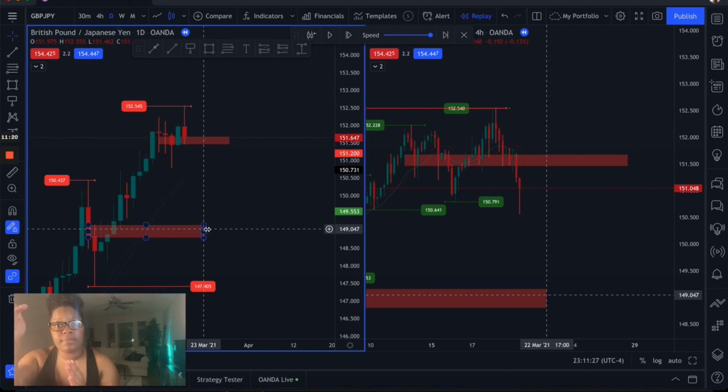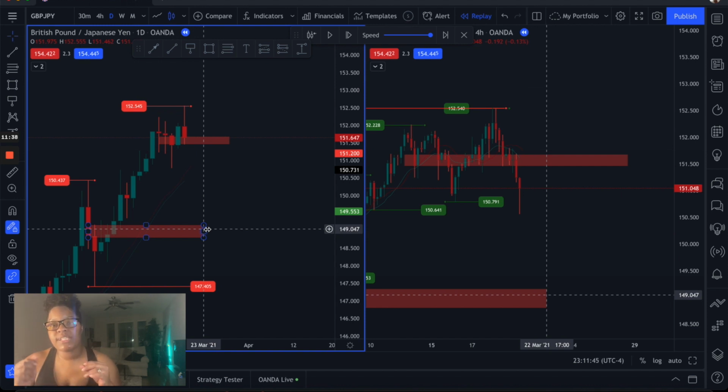People were just buying pound JPY, or they were buying pound. People who live in Japan were buying pound. But the sellers have come in and said, we don't see the value of pound going back up to 152.546 right now. Sellers push price down past 150.791.